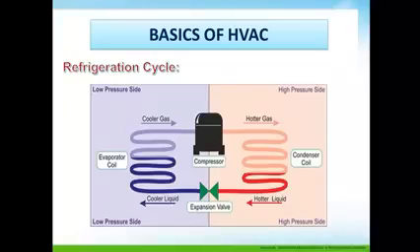As you can see, the hot gas, when compressed, passes through the condenser coil. This is the high pressure gas, where after heat rejection from the condenser through air or water, depending on the system, the hot liquid is passed through the expansion valve.